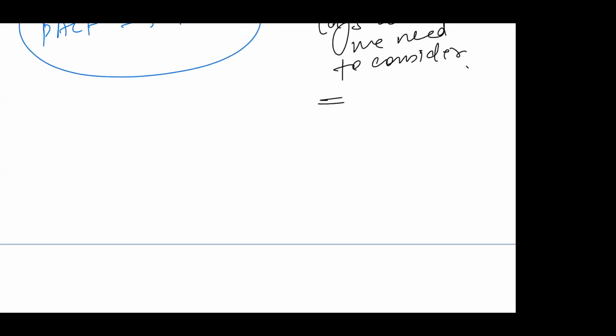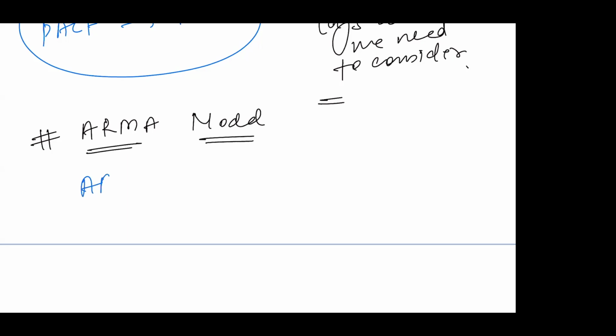Now let's see the ARMA model. The ARMA model is nothing but combining both the AR and the MA model together. It is represented by ARMA(P, Q). P is the AR term, Q is the MA term, as we have studied. This model regresses against the past values as well as the past errors.